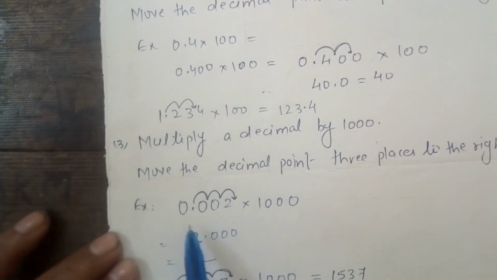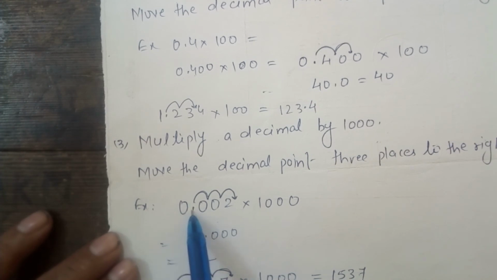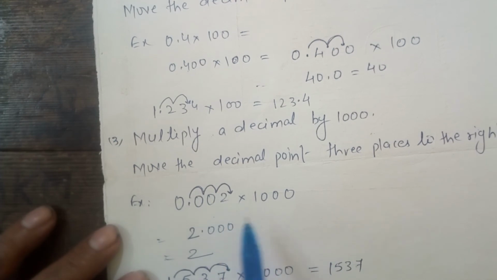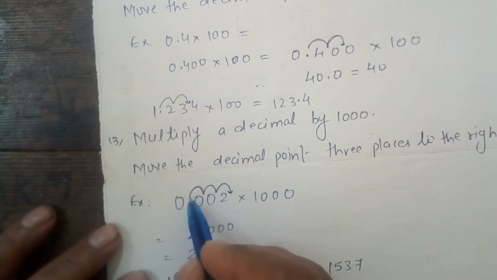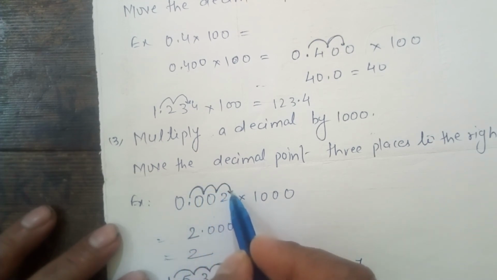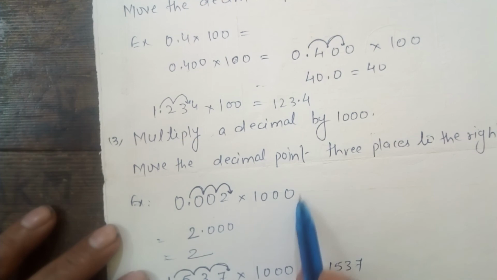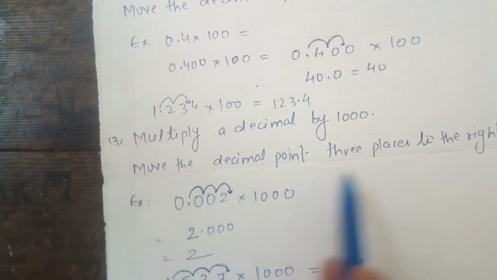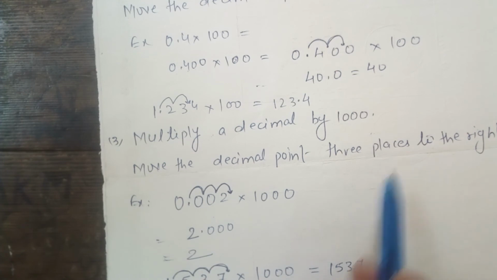How? Look here. Your question is 0.002 into 1000. So what is the answer? We will move the decimal point 3 places to the right. This is first place, second place and third place.